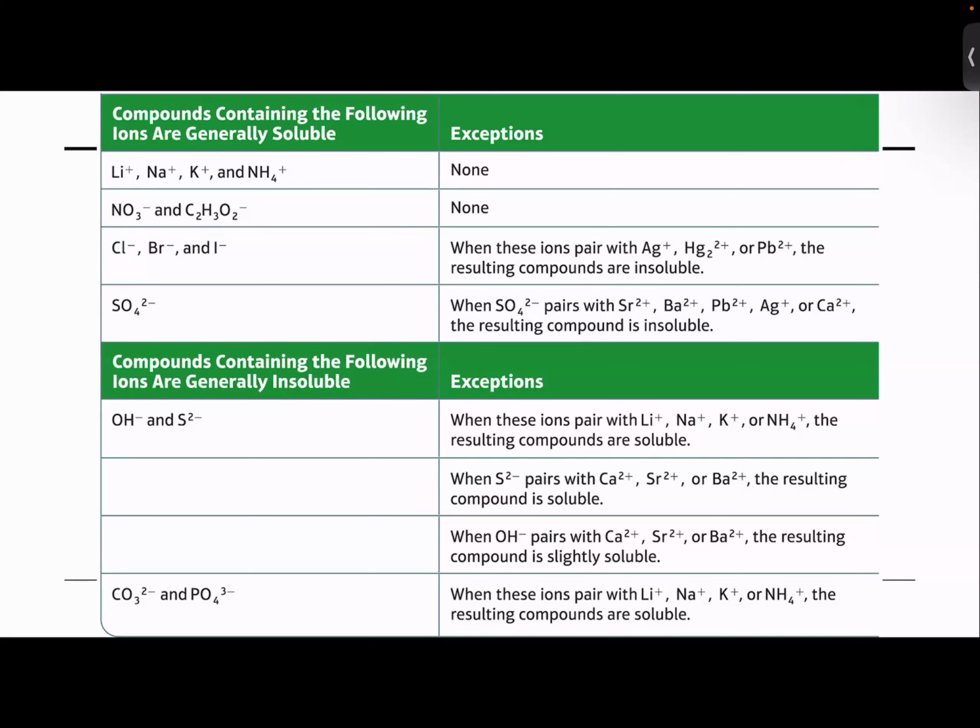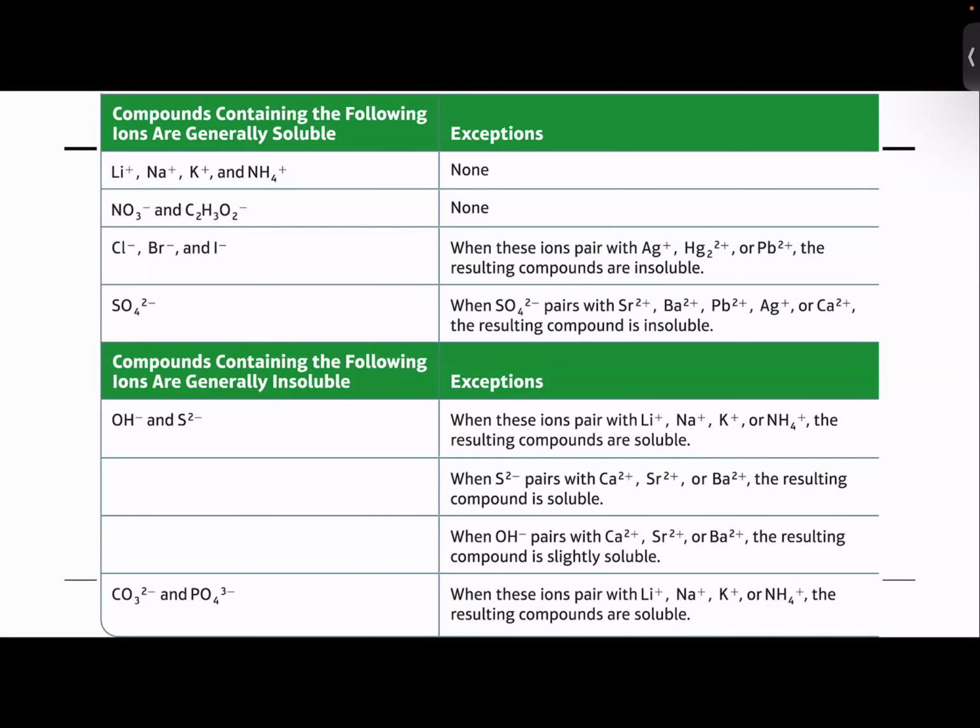What's interesting is with respect to the hydroxide here, except for ammonium, all of the rest of the hydroxides that are soluble also are your strong bases. So your lithium, sodium, potassium, rubidium, those are all strong bases, as are your calcium, strontium, and barium. And then we have carbonate and phosphate.